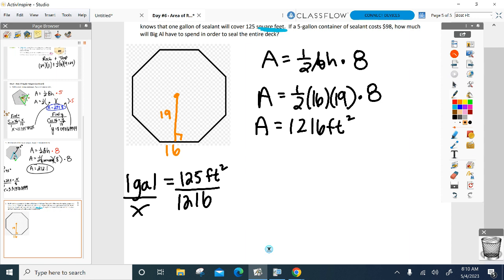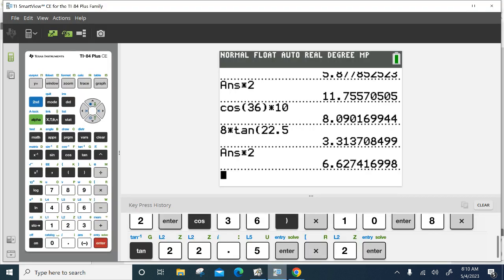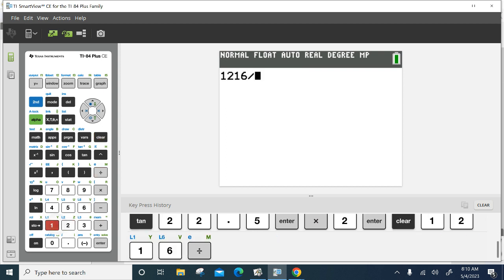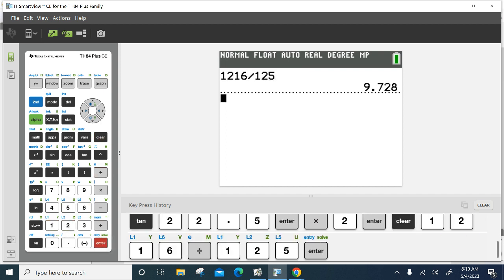So set up a proportion if you're ever concerned what to do with that number. When you cross multiply, you'll notice, oh, I had to divide by 125, not multiply. So everyone's going 1,216 divided by 125, and I get that number.